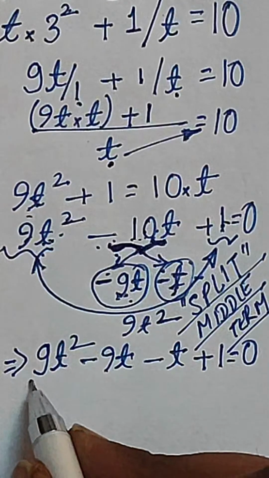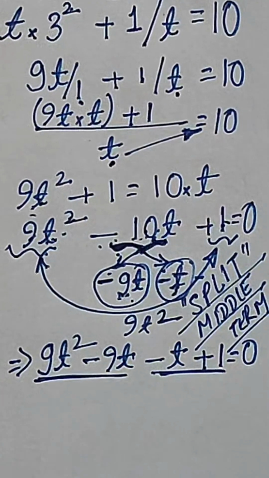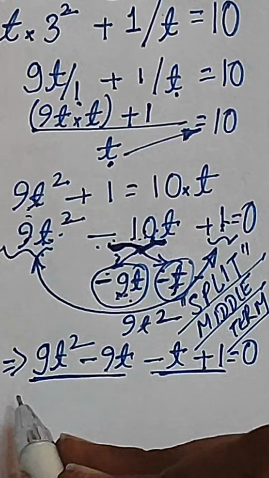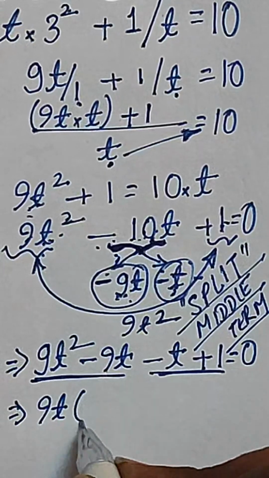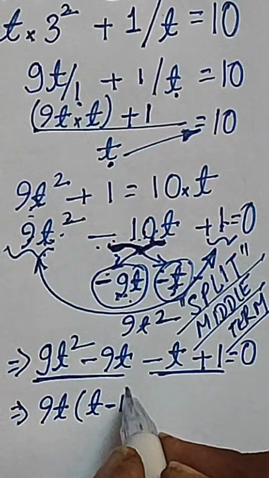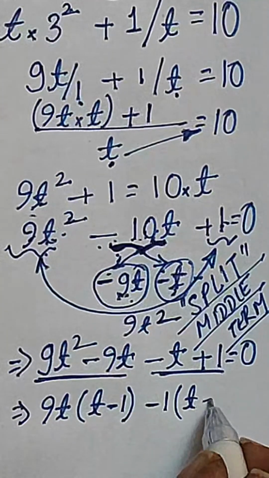Now make a pair of the first two and a pair of the last two. Then when you take 9t as common, you will have t minus 1 here, and if you take minus 1 as common, you get t minus 1 here.